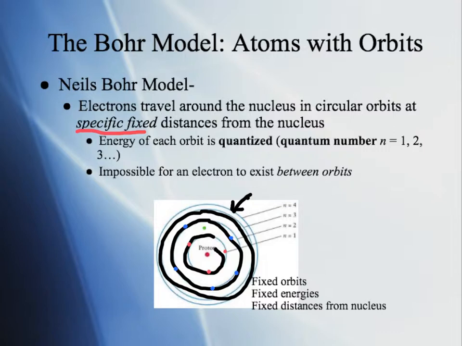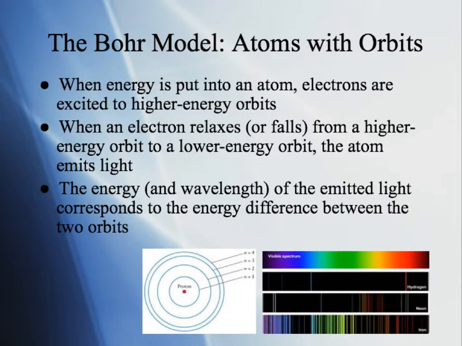You won't find electrons out here in the white spaces. That is not possible in his theory. Those are not possible locations for electrons. They're very specific.